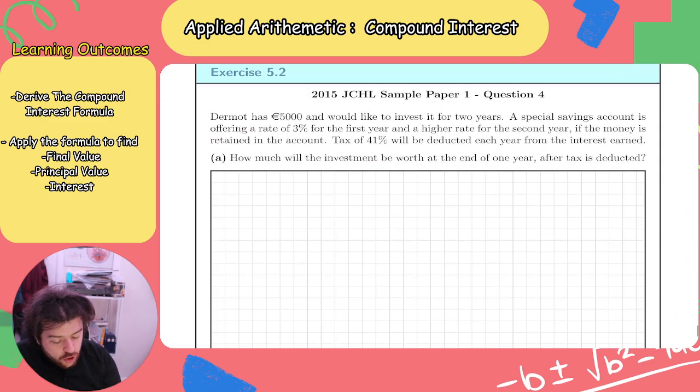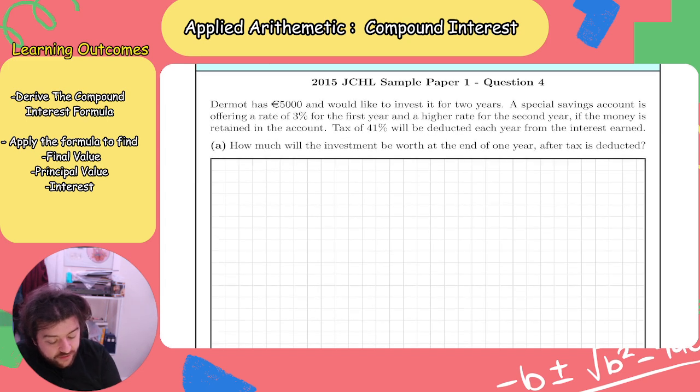Right, here's another one from the 2015 sample paper, paper 1, question 4, when junior cycle maths used to have 2 papers. So Dermot has €5,000 and would like to invest it for 2 years. A special savings account is offering a rate of 3% for the first year and a higher rate for the second year if the money is retained in the account.